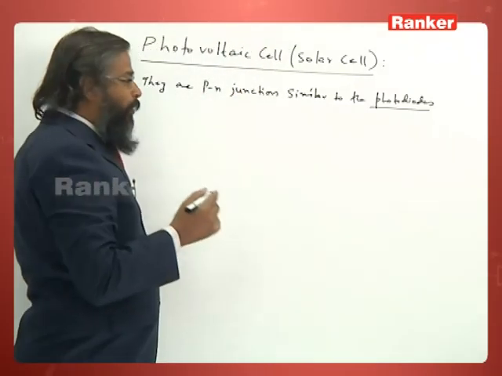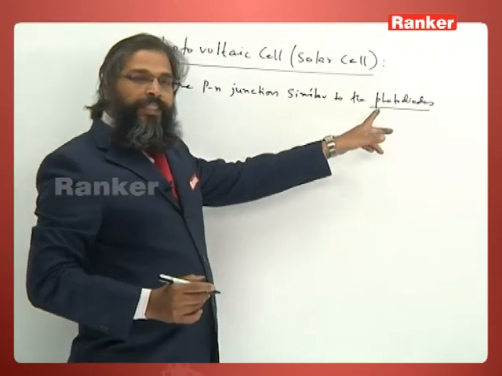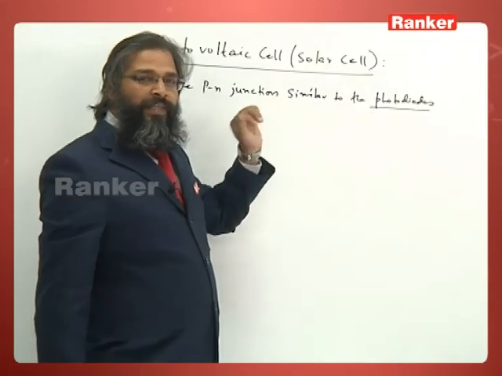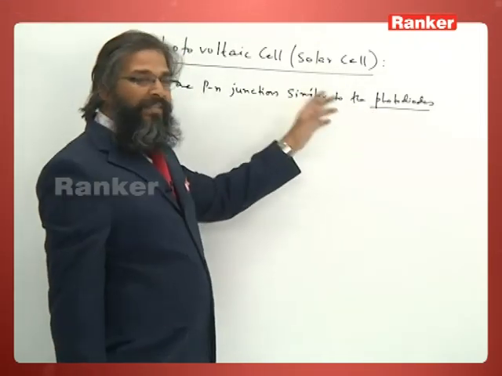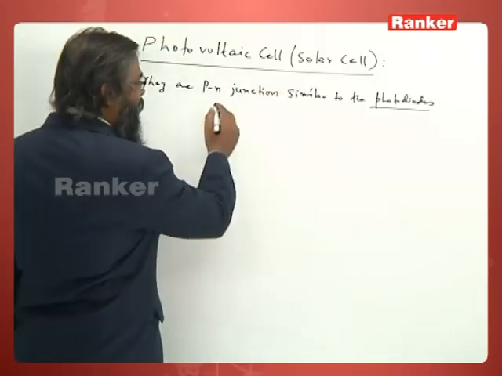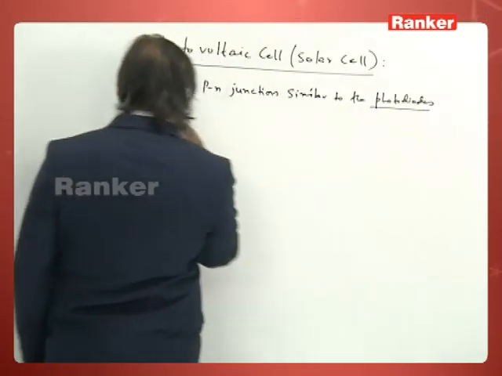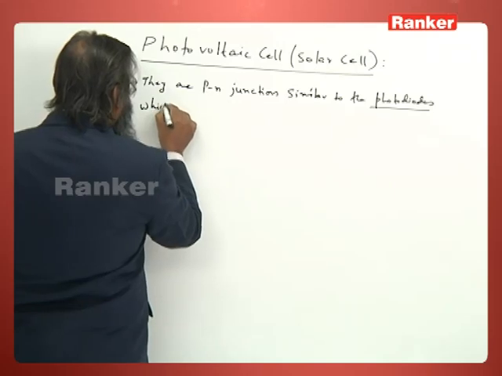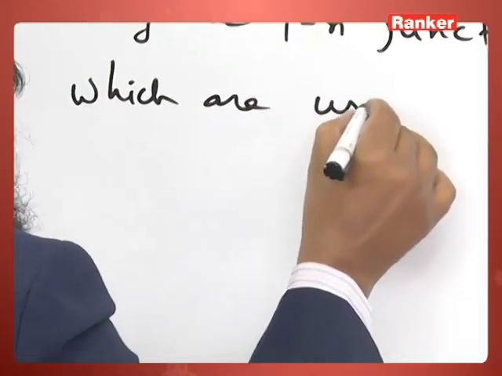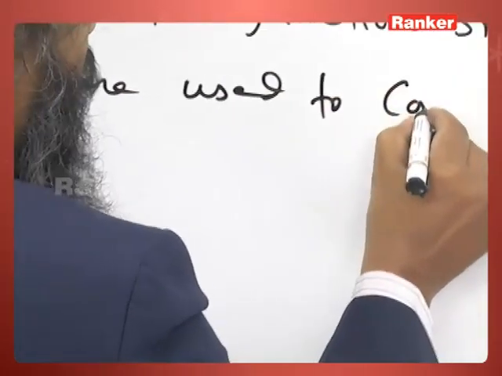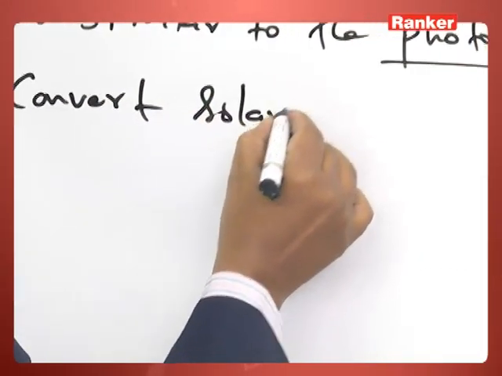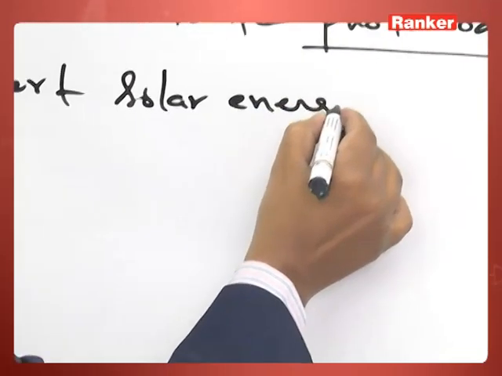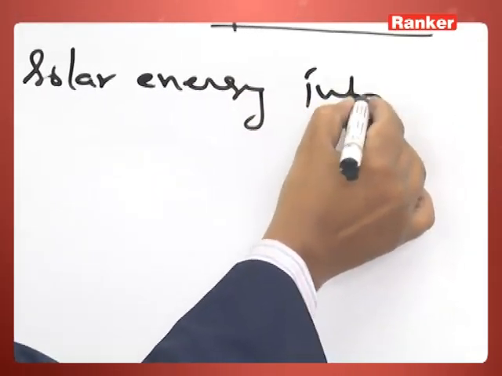You see, photodiodes are used to detect light and are always reverse biased. This is not reverse biased. In fact, there is no biasing in the solar cell. So, they are PN junctions similar to photodiodes, which are used to convert solar energy or light energy into electrical energy.